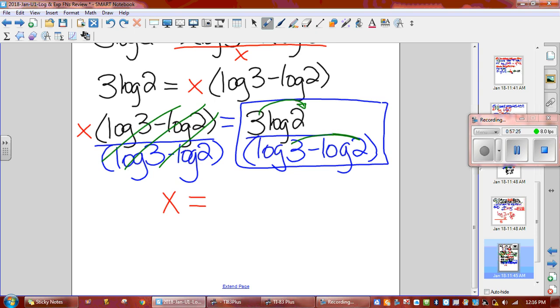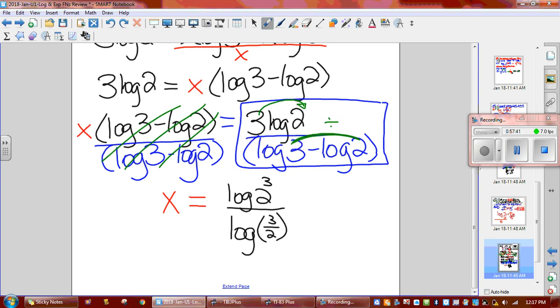We can combine these by dividing them and writing log once. So I'm going to do exactly that. So on top, we're going to have log 2 cubed divided by log 3 divided by 2. Now 3 divided by 2 is 1.5 exactly, so you could use that. So then this would also become log 8 divided by log 1.5. So each of those are exact value answers because they have not been solved or rounded.